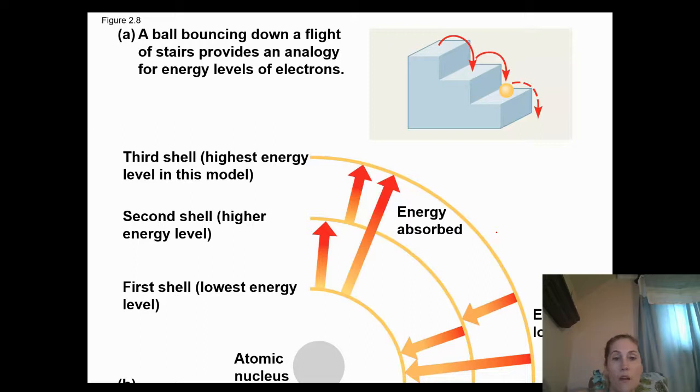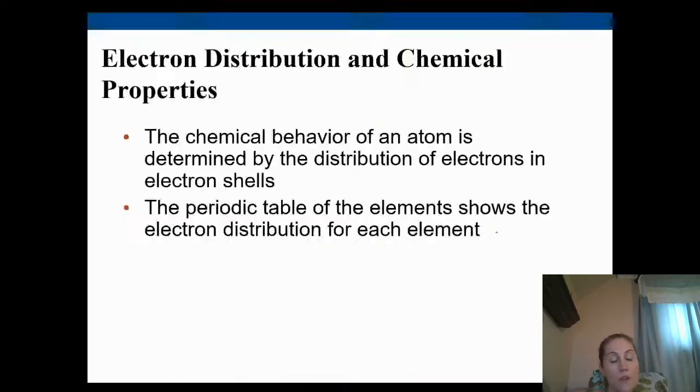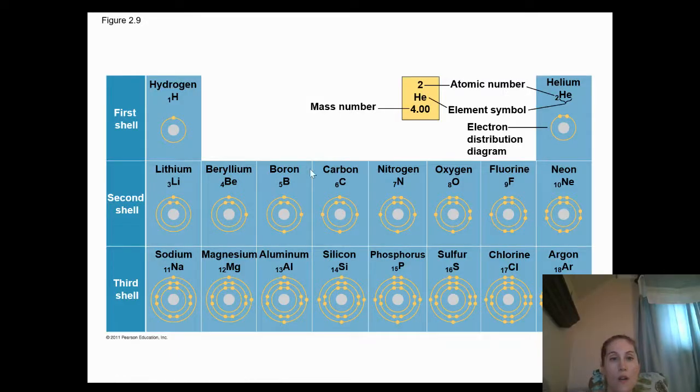Okay. When you get into chemistry, they went over the different types of shells that we'll look at, but we're not so concerned with them here in bio. So the chemical behavior is determined by the distribution of those electrons and where they are. Okay, so if you look here, this is what we were talking about before, where you have your proton numbers, okay, and you have your mass number.